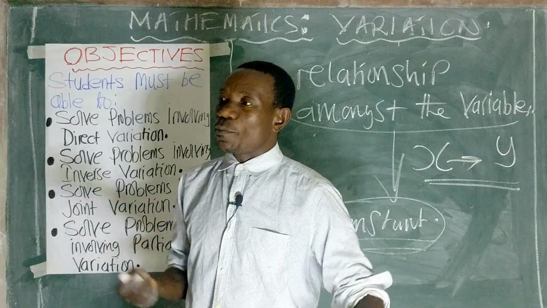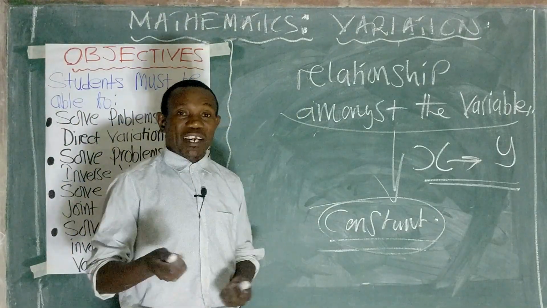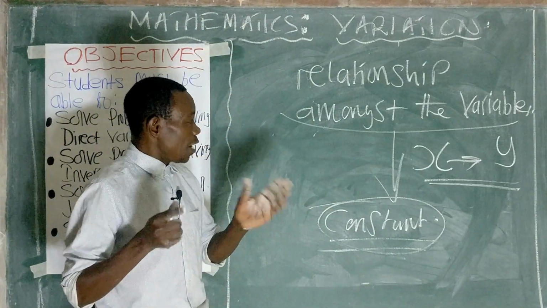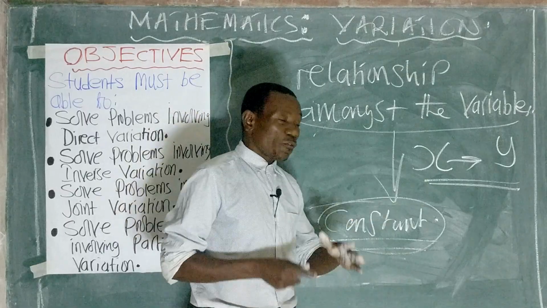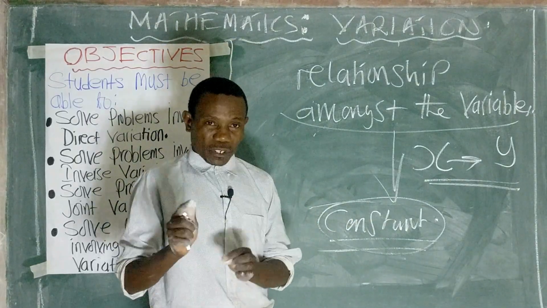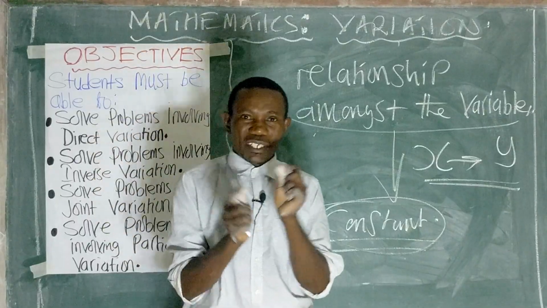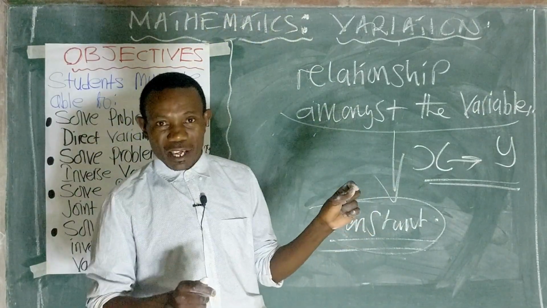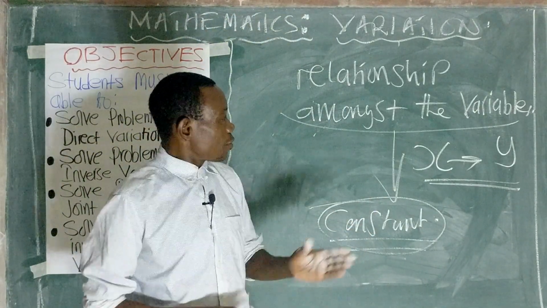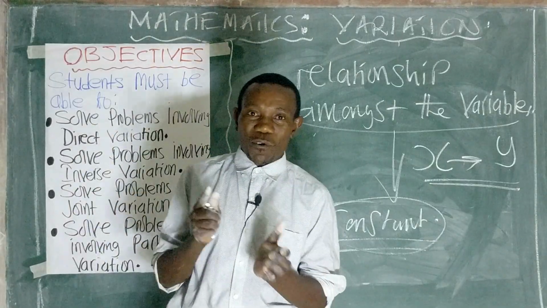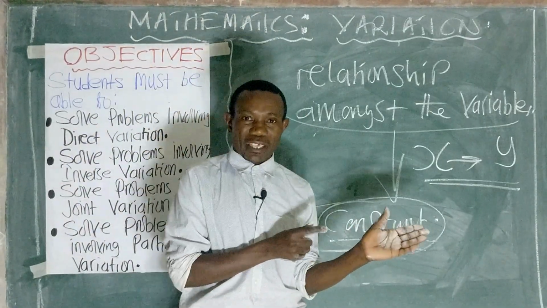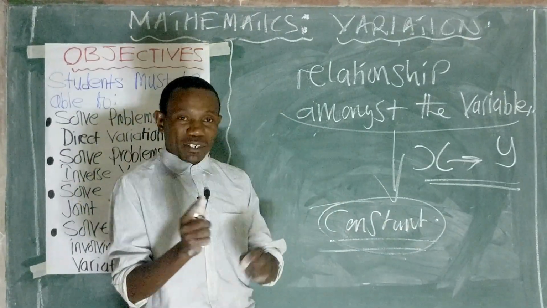Of course, there are so many ways how quantities can vary with one another. Let me emphasize that when we talk of variation, we'll be specifically looking at the changing. As one quantity is changing, what exactly happens to the other quantity? So if one varies, the other one also changes. That is the variation amongst the quantities.